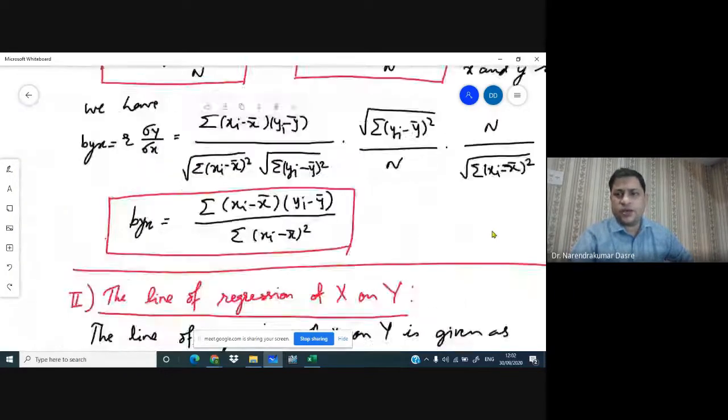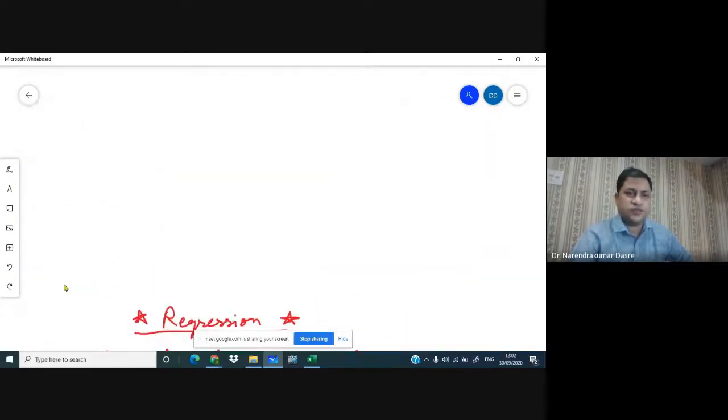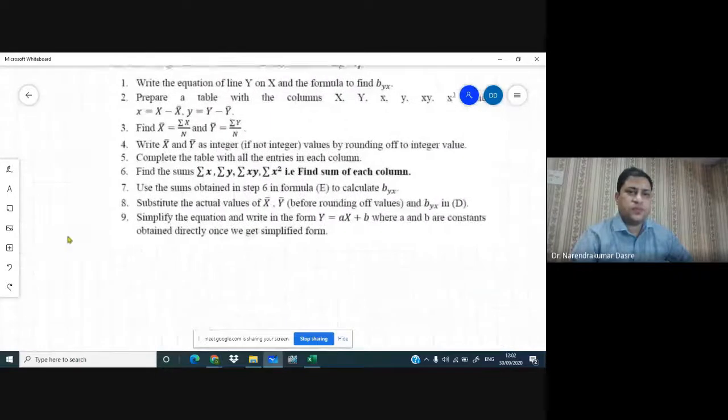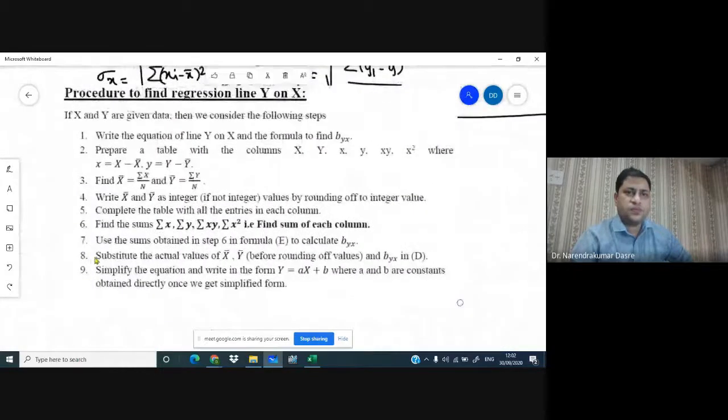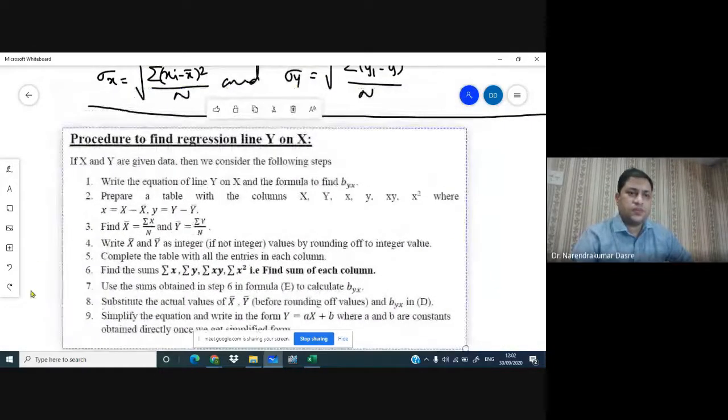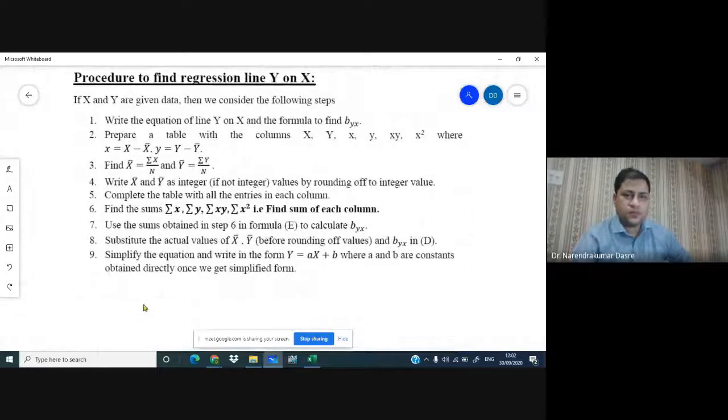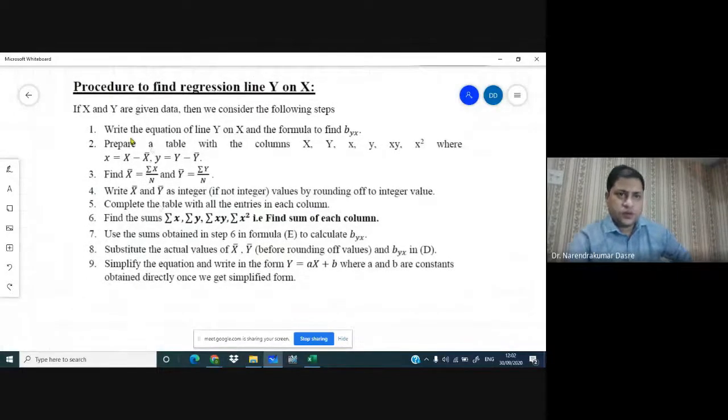I want you to write down this procedure. If I want to find out the line of regression of y on x, we'll write the equation of line of regression of y on x, and then we need to find this byx.